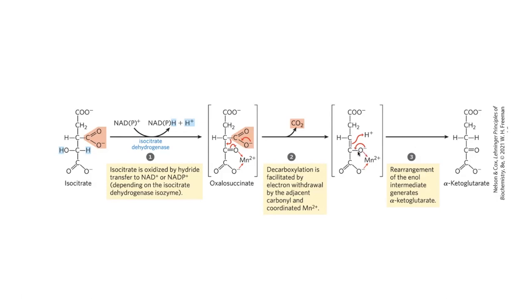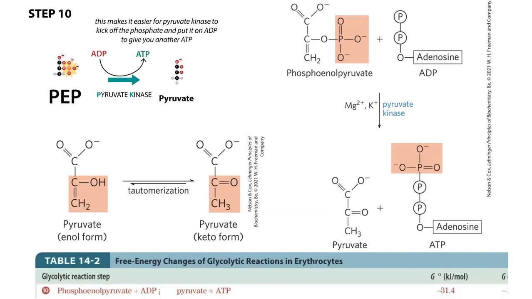But basically we have this enol group, and we get that enol-keto tautomerization, that same thing that we saw in the case of phosphoenolpyruvate going to pyruvate. We saw that was going to be really, really favorable. Remember that the oxygen would much rather have electrons than the carbon. So if you're able to go from an enol form to a keto form, that transition is going to be energetically favorable.